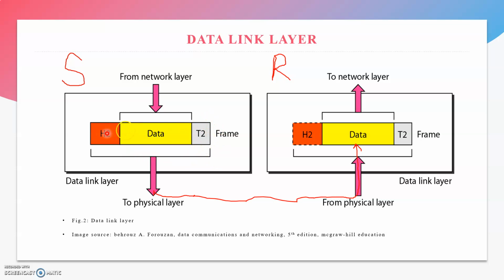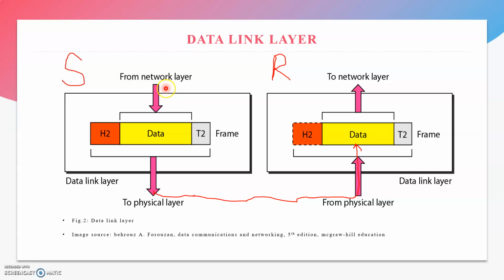What do header and trailer mean? Whenever data is transmitted from the sender to the receiver, it takes the form of a frame. That frame contains the header, which has the sender's address and the receiver's address, and the trailer, and it contains the data in between. That complete frame is transmitted from the sender to the receiver.